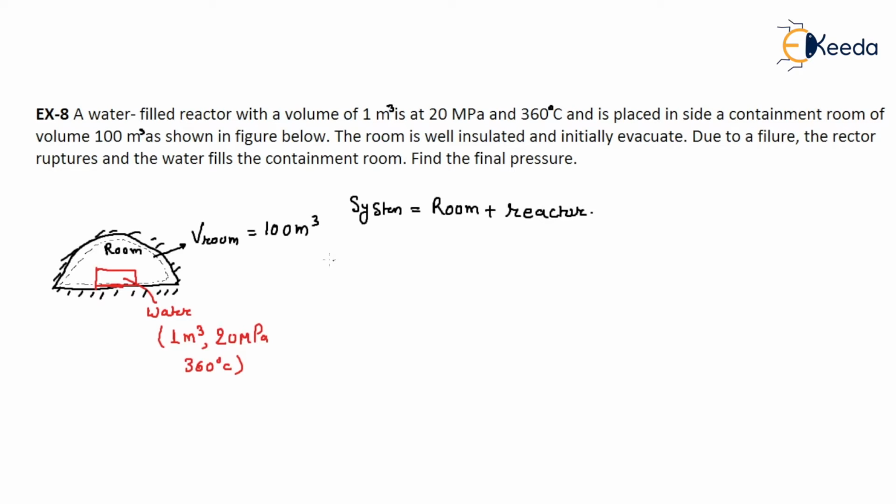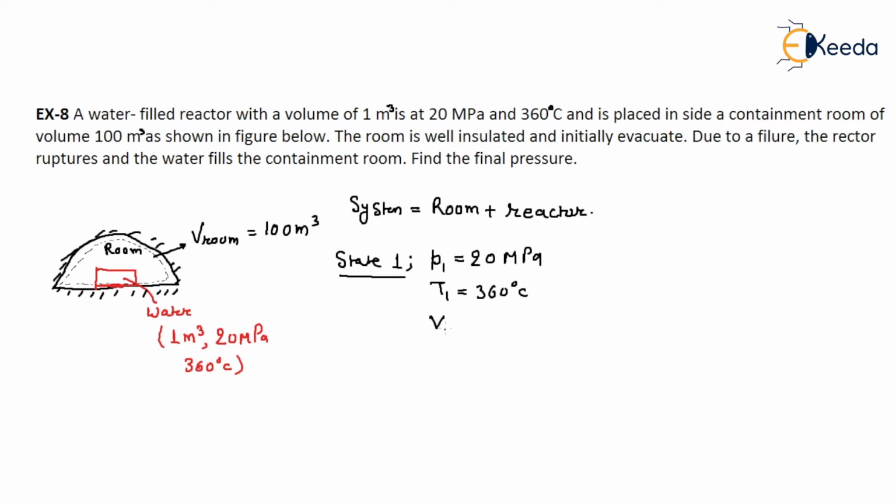So what is the volume of the room? State 1, what is state 1? State 1 is, what is the pressure? Initially the pressure of the reactor P1 is 20 megapascal, T1 is 360 degrees centigrade, and what is the volume?